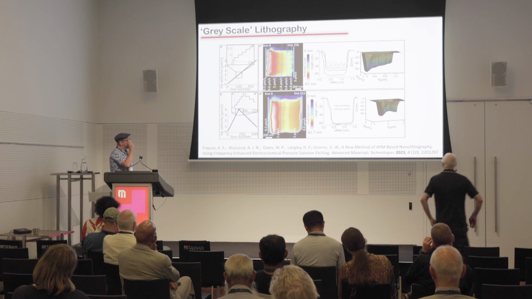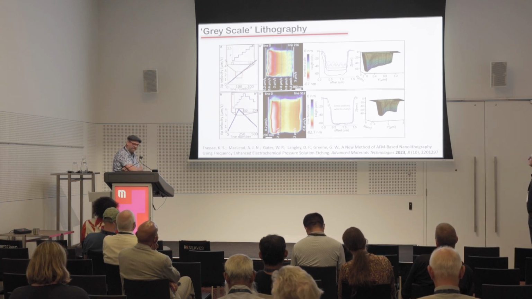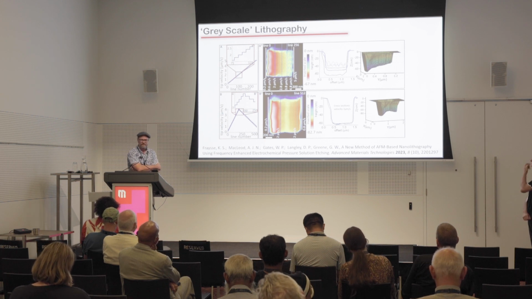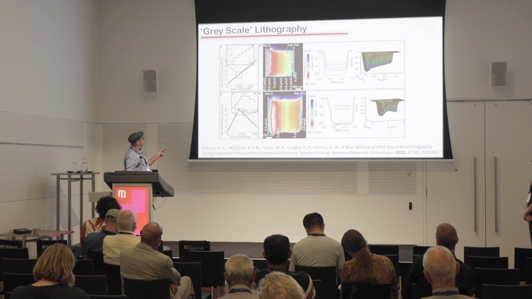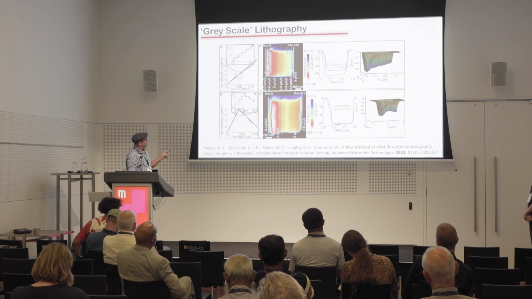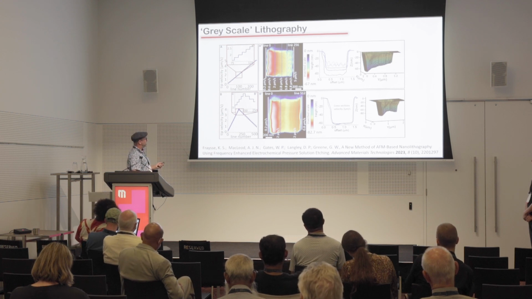Now, just like the nanofraser, we wanted to see the feasibility of doing grayscale lithography. What we've done is relatively crude, but simply by varying the velocity that we scan the tip, we're able to get smooth transitions in the depth at which we etch. Here we increase the scan rate and then decrease the scan rate.